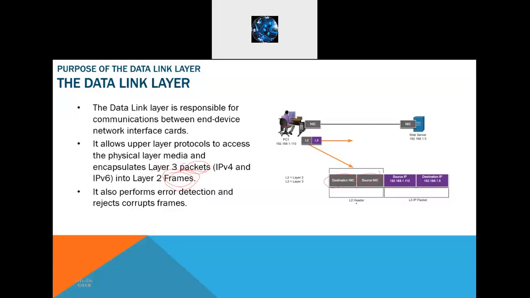So when you hear us talking about the layer 2 header, it's just additional information added where we can insert the source MAC address and the destination MAC address, so that when the message gets to the destination, they know where you're coming from and where you're going to. They know the layer 2 address of the sender and the layer 2 address of the receiver. That is what happens at layer 2.